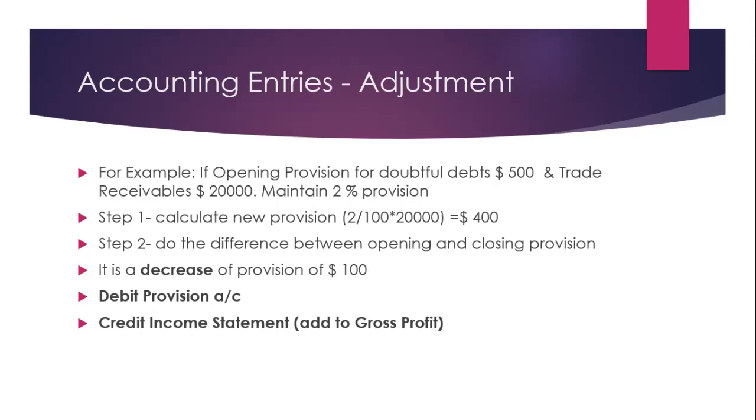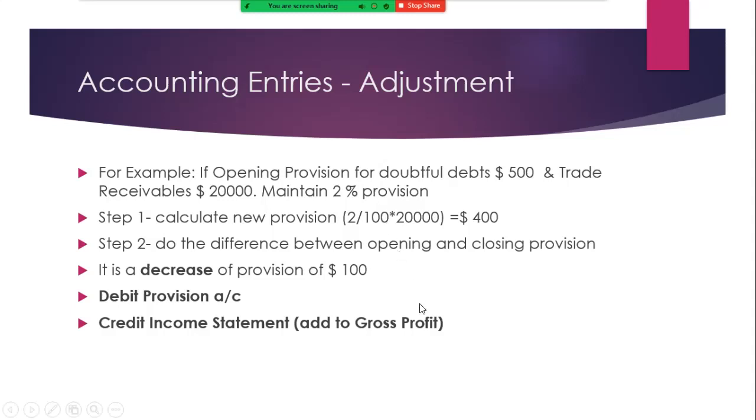The decrease in provision of $100 is credited to the income statement, and we have to reduce our provision account, so we make a debit entry in the provision for doubtful debt account. If we have to increase a provision, we credit the provision account. When we reduce a provision, we debit the provision account.